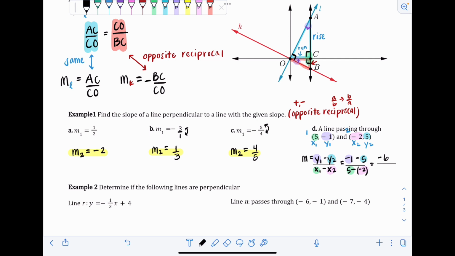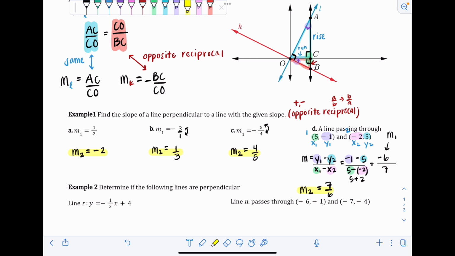In the denominator, 5 minus -2 is like 5 plus 2, since the double negative turns to plus, so 7. So this is the original slope, M1, which is -6/7. If we want to find the slope of line 2, I have to find the opposite reciprocal of -6/7. Instead of negative, it would be positive, and then I would flip the 6 and 7, and it becomes 7/6. So M2 equals 7/6.